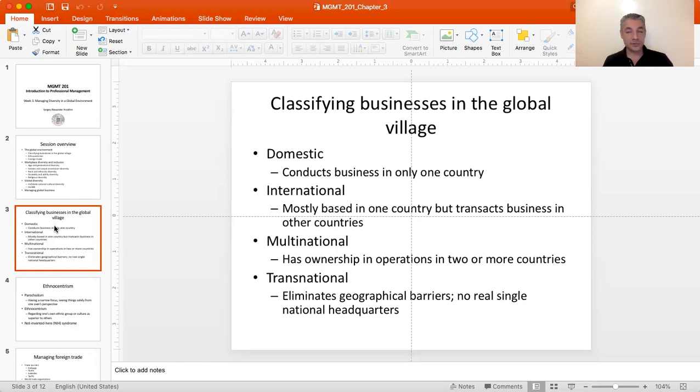Those businesses are still few and far between. Again, most businesses you will be dealing with are purely domestic, but with the development of technologies, many of them, without realizing what's going on, are becoming international. And as industries integrate, as companies integrate vertically and geographically, many of those international businesses become multinational to eventually become transnational firms.